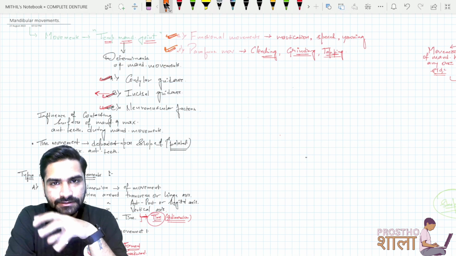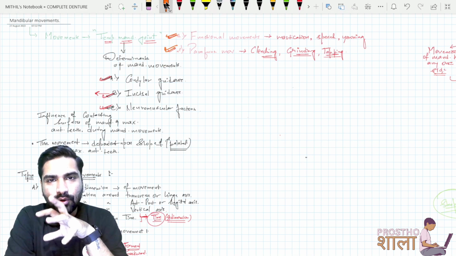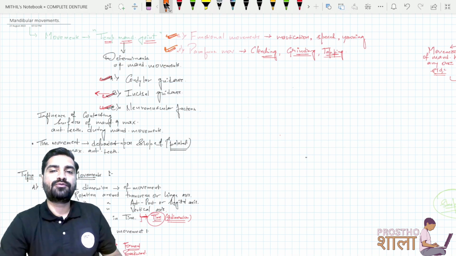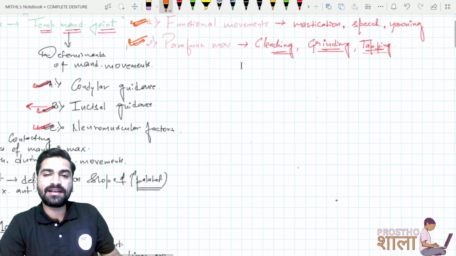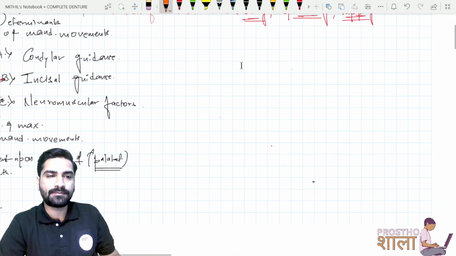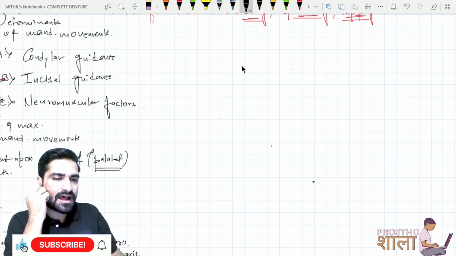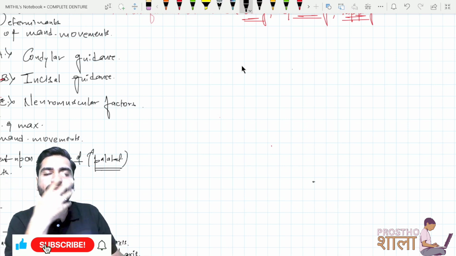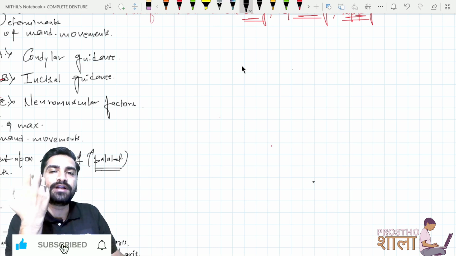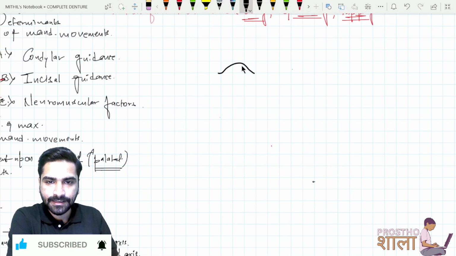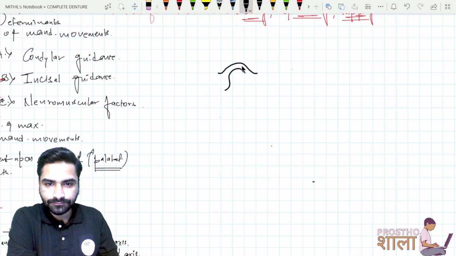Now after this broader division, I want you all to understand the determinants of mandibular movements. Now what do you understand when I say determinants of mandibular movement? When I am saying determinants, that means there are certain structures which are present in our mandible or in the TMJ or in the stomatognathic system, which are going to determine the movements of mandible. First is your condylar guidance. Okay, so suppose this is the condyle. I'm drawing a mandible with a glenoid fossa.